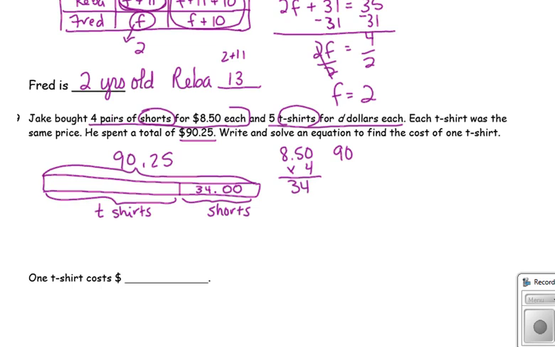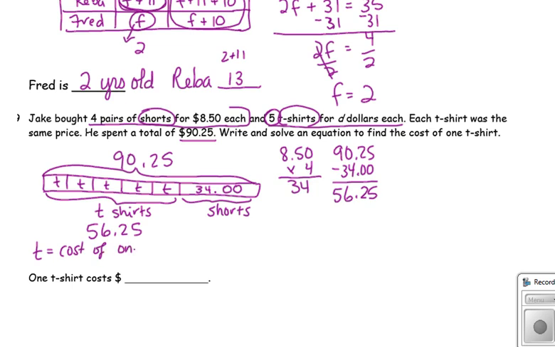We take our $90.25, take away the $34, and that leaves us with the amount of money that was spent on the t-shirts, which is $56.25. That bought 5 t-shirts. So T represents the cost of one shirt.